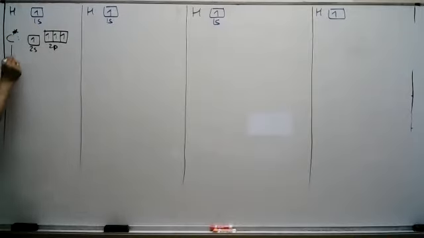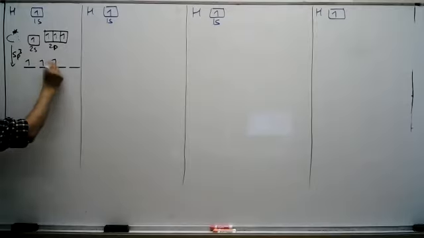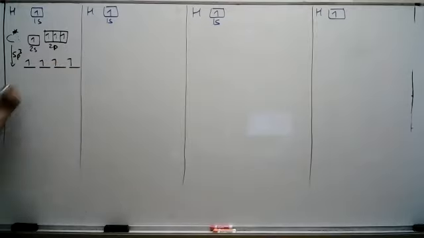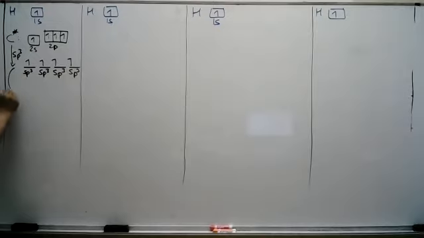Then it undergoes sp3 hybridization: sp3, sp3, sp3, and sp3. Then it makes the molecule. It forms the CH4 molecule. And at that time it looks like this.